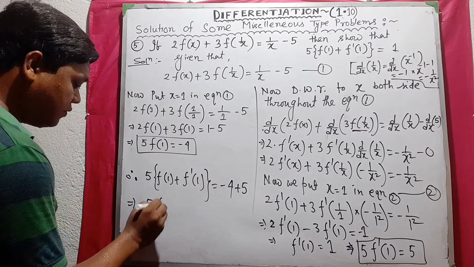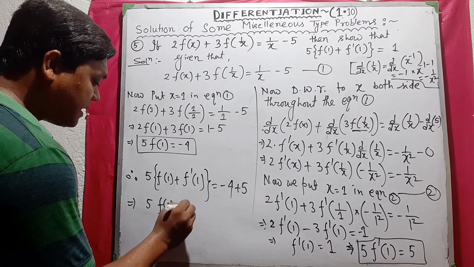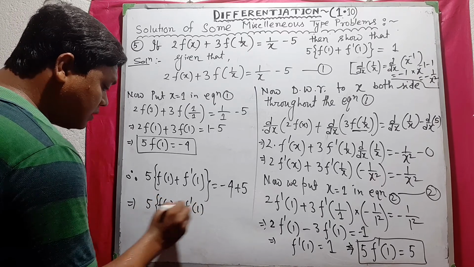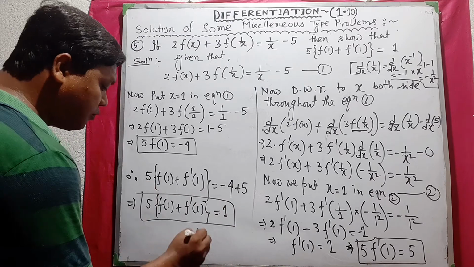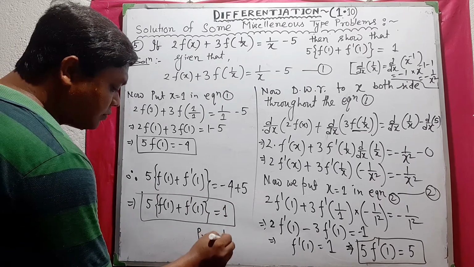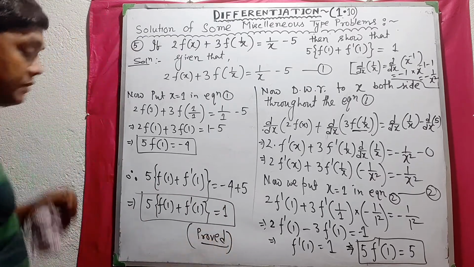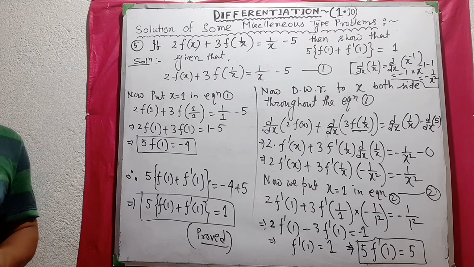So 5 into f(1) plus f'(1) equals to 1. Hence the expression is proved. Clear? So we have solved.